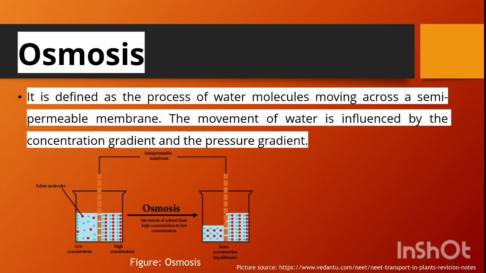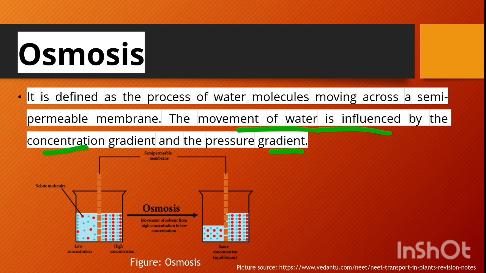Then what is osmosis? It is defined as a process of water molecule movement across a semi-permeable membrane. The movement of water is influenced by the concentration gradient and pressure gradient. So it is a special type of diffusion where solvent molecules move from their higher concentration to their lower concentration through a semi-permeable membrane.